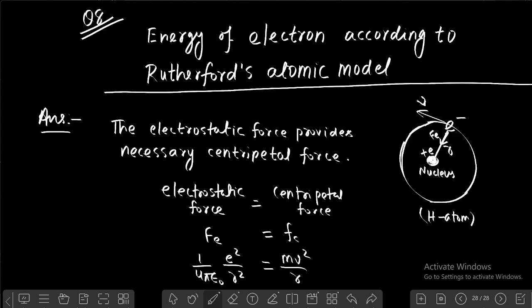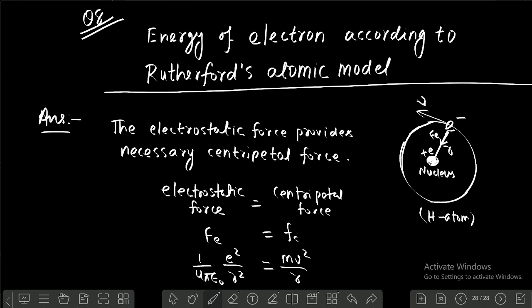So the question, listen carefully: energy of electron according to Rutherford's atomic model. First, consider that the electrostatic force provides the necessary centripetal force. That's why electrostatic force equals centripetal force. Electrostatic force formula equals 1 by 4 pi epsilon naught Q1 into Q2, where Q1 is the proton charge and Q2 is the electron charge.